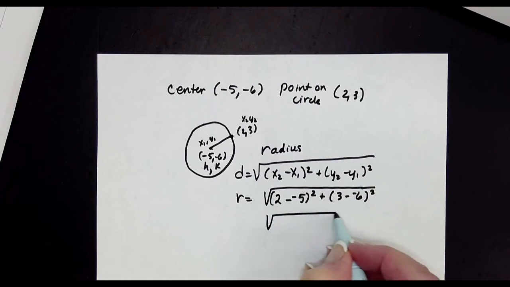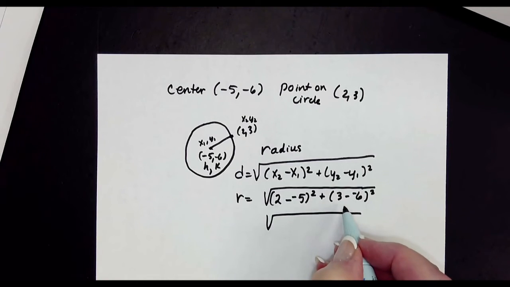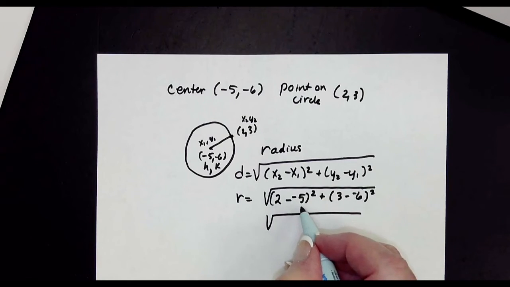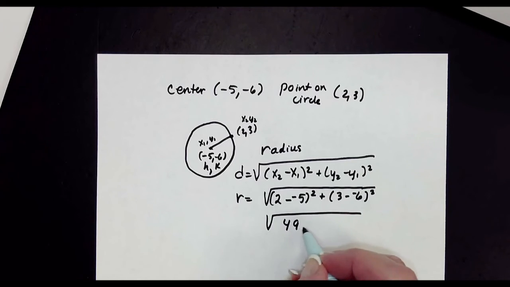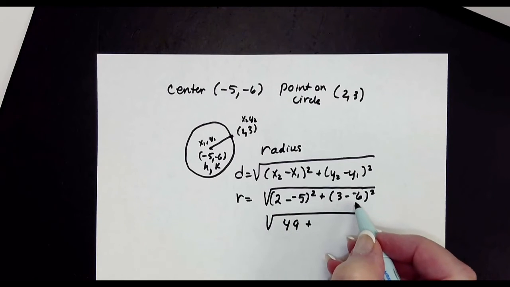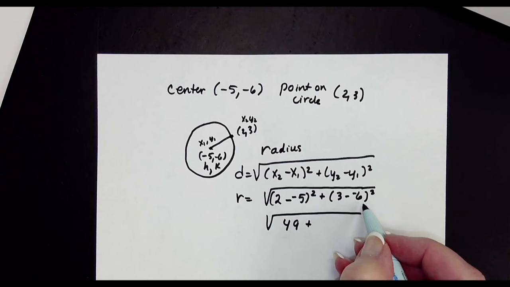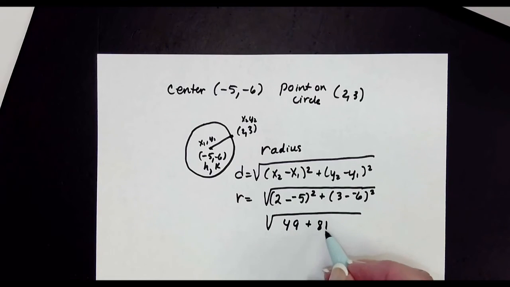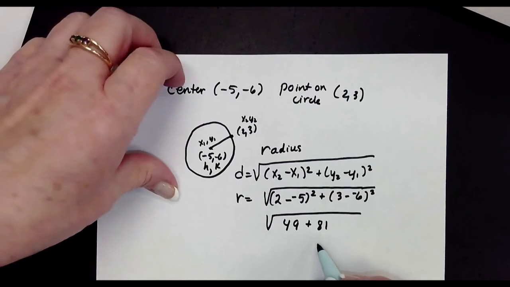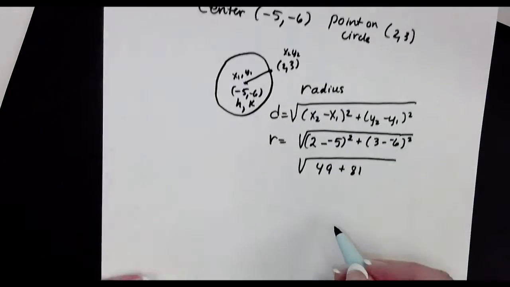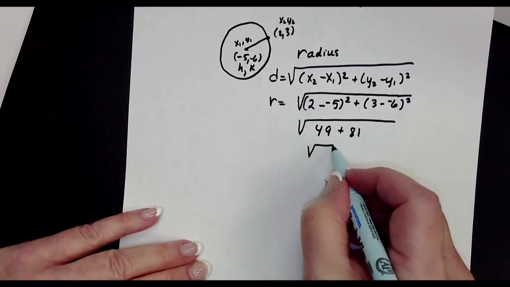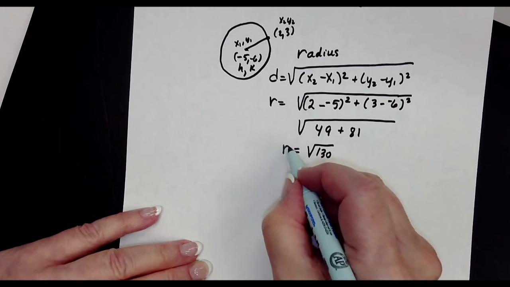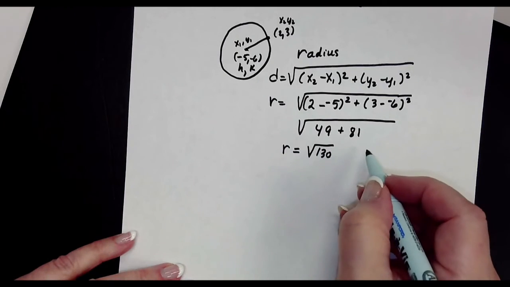So this gives me the square root of, minus a negative is plus, so that would be 7. 7 squared is 49. 3 plus 6 is 9, and 9 squared is 81. So I add these two together, and this gives me the square root of 130. Now that's r, right? In our formula, we want to know r squared.